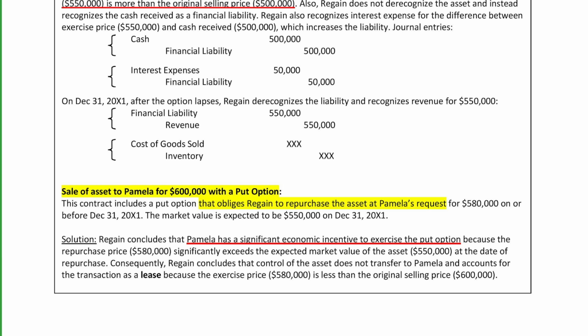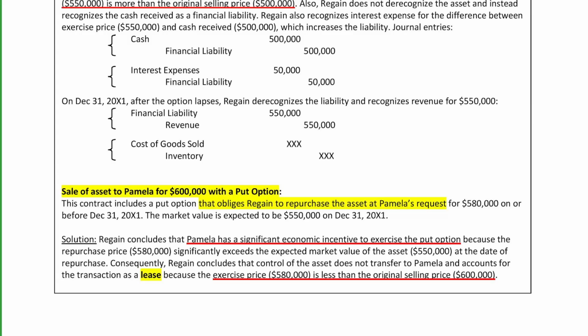Therefore, Regain accounts for this contract as a lease because the exercise price of $580 is less than the original selling price of $600. The $20 differential, think of it as lease rental.